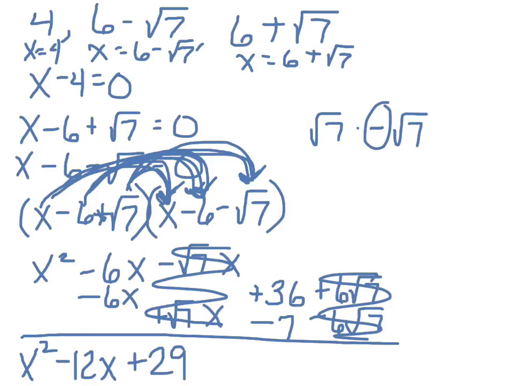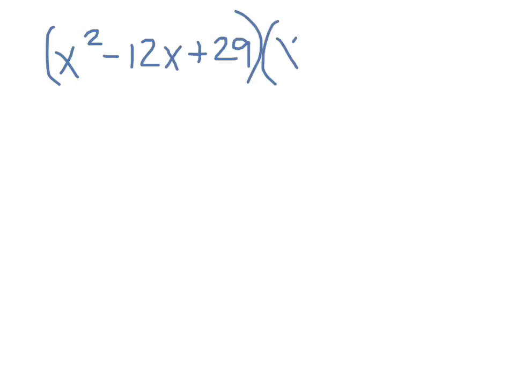So therefore, now, don't forget, we still have one more piece. What's the other piece we got to multiply it by? X minus 4. So right now I have x squared minus 12x plus 29 times x minus 4. What's x squared times x?